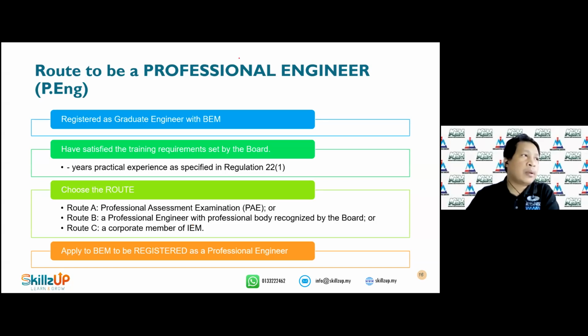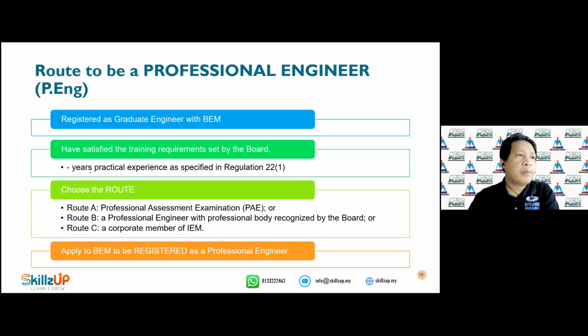So next, to go on, is having satisfied the training requirement by the board. Basically the training requirement is industry requirement, practical experience. If you are in electrical, you are working on practical work in the plant, the field, under supervision.